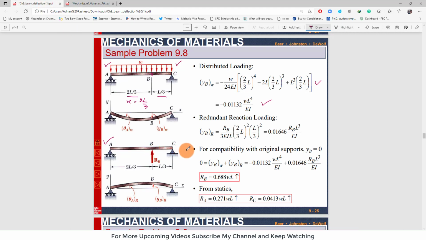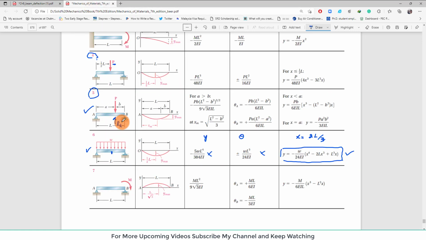Okay, so the redundant reaction at loading is equal to this one. So you can see that due to this loading at this point, clear, at this point, clear. Okay, for x greater than or equal to a. So you can see in the table we have two values, for x less than a and for x equal to a.